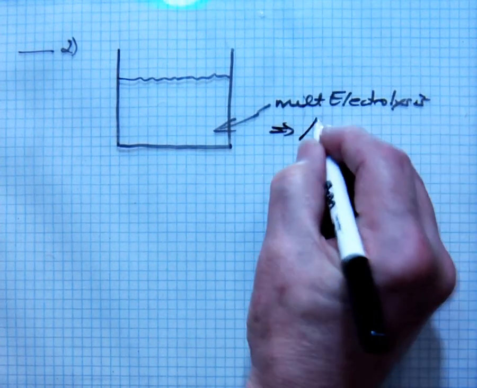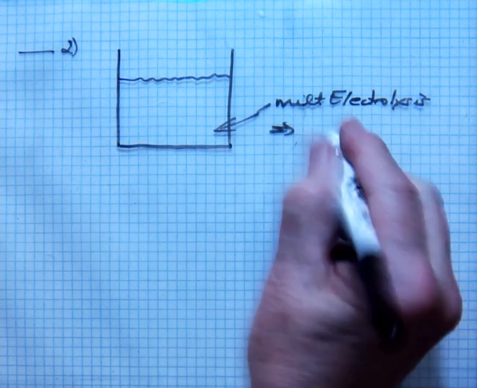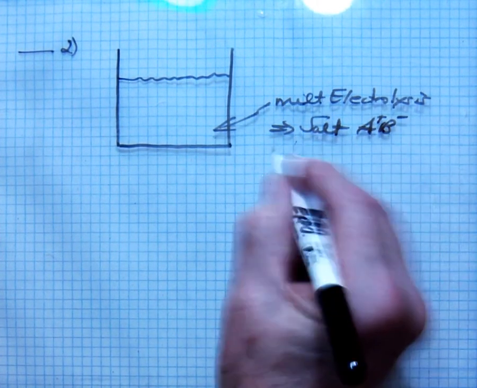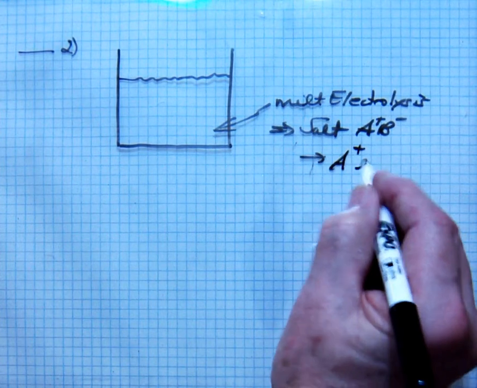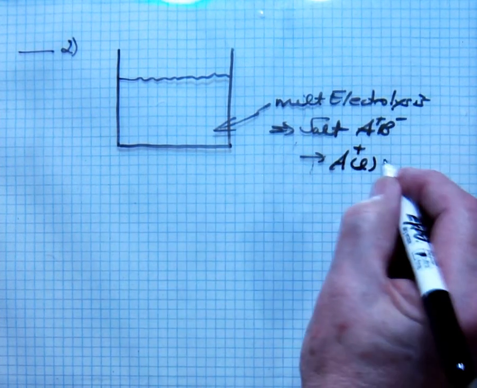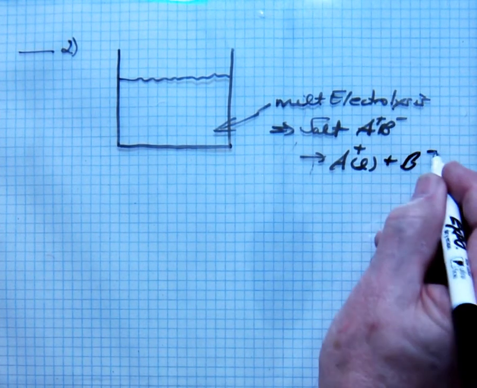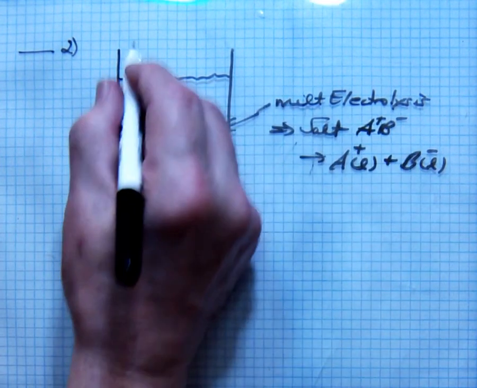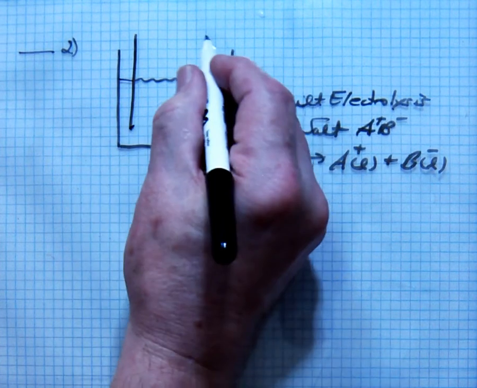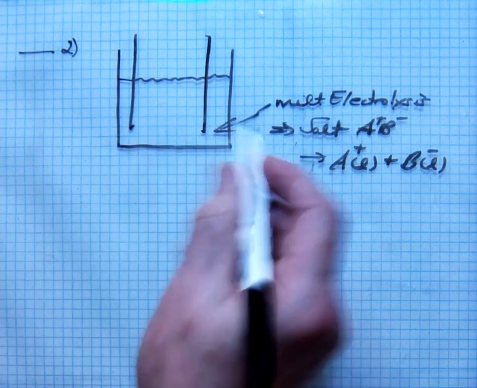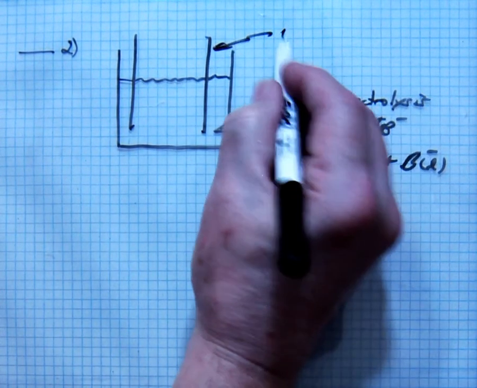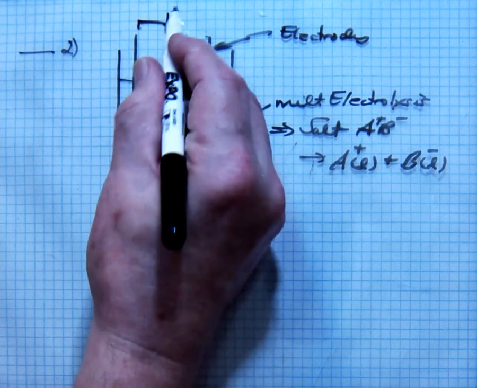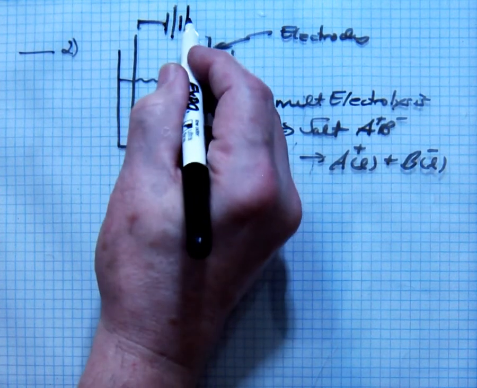We'll say here's salt or ionic compound AB, and of course this goes to liquid ions, cations of A plus and anions of B minus, both in liquid state. So we have in the liquid melt electrodes that are connected to a power source, transformer, battery.